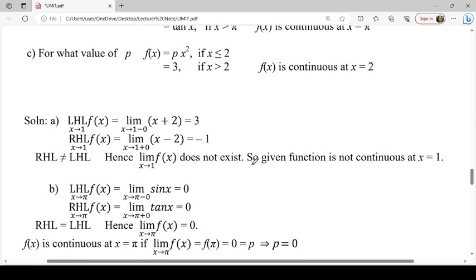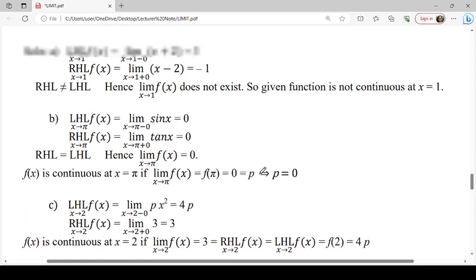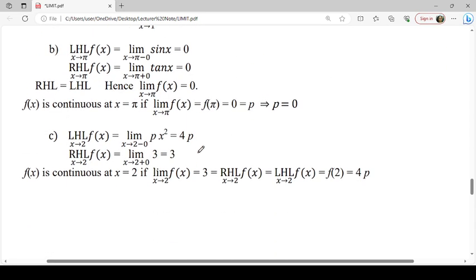Then number C is this, px square, at x equal to 2. So for the left hand side, x less than or equal to 2, it is 4 into p, and for x greater than 2 it is 3. So it is 4p. To make it continuous we must have 3 equal to 4p.